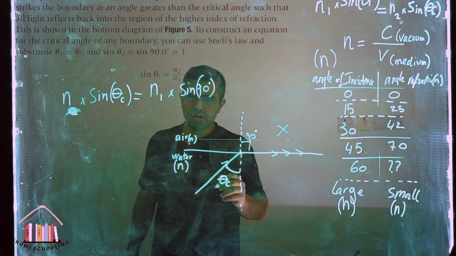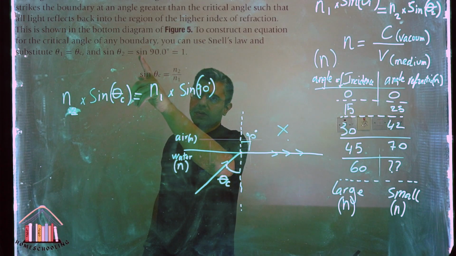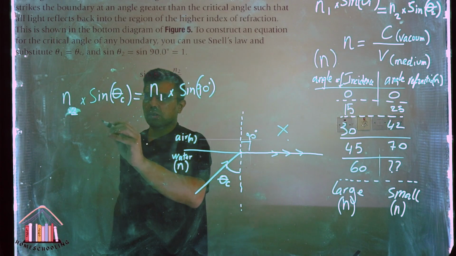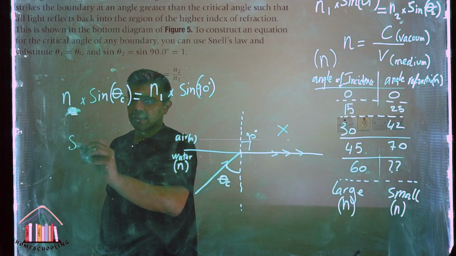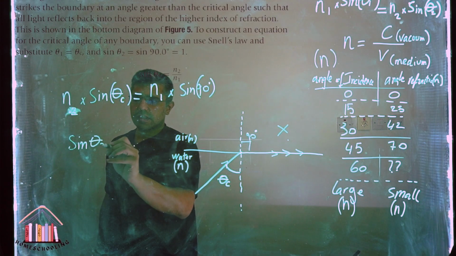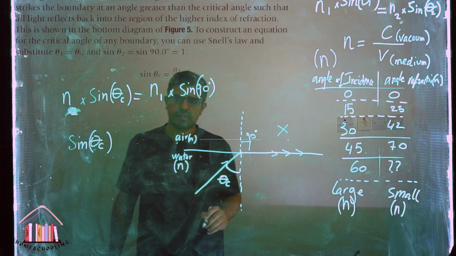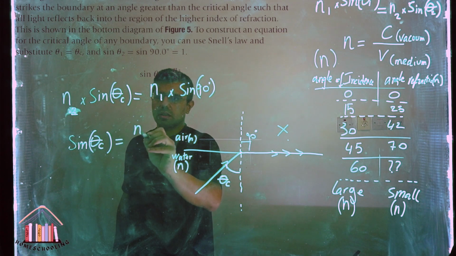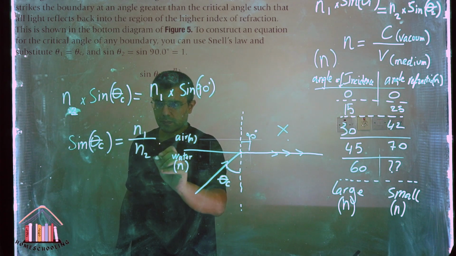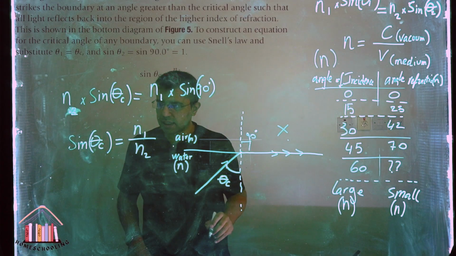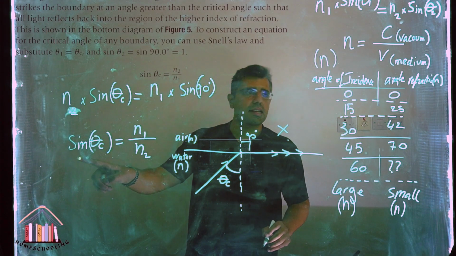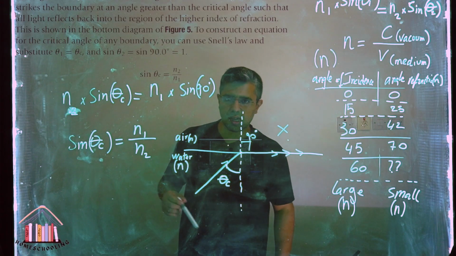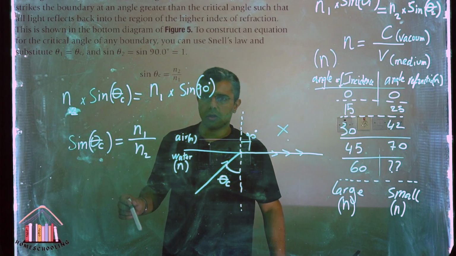Sine 90 is equal to 1. So to calculate the critical angle, sine theta c equals n1 over n2. That's the equation of the critical angle, so we can add it here to the table.